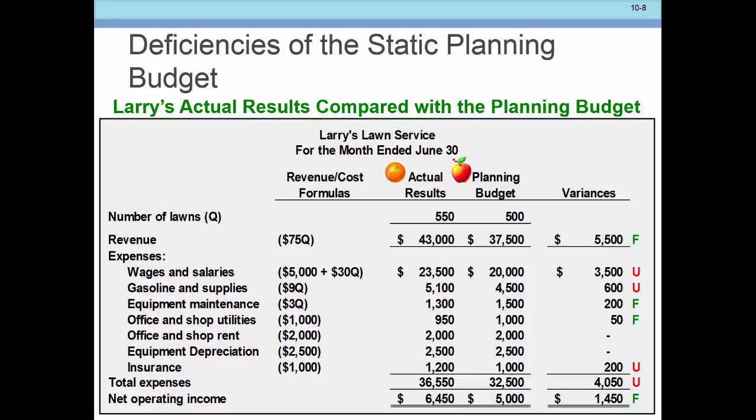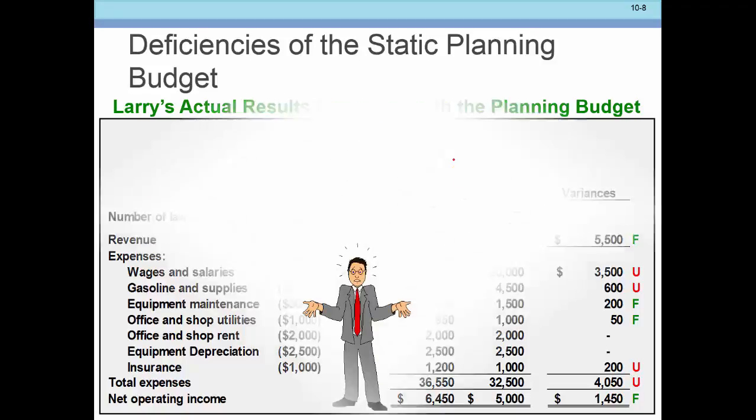Well, of course it's favorable because we mowed more lawns, didn't we? But we start showing these unfavorables for our wages and salaries, and we're like, are they unfavorable because we mowed more lawns and of course we're going to incur more cost, or are we really spending more per lawn than we anticipated? So this is still the undesirable format because it's apples and oranges.